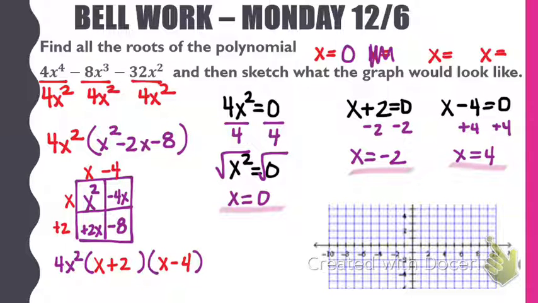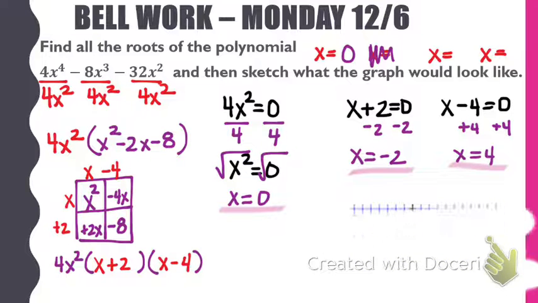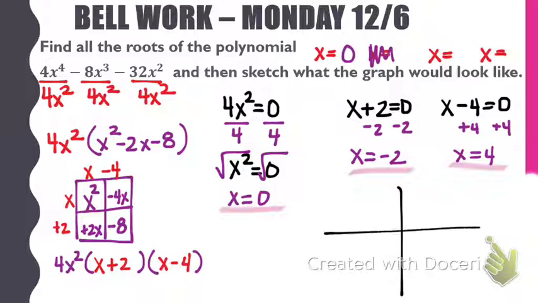Okay, I always like to make my own graph, so I'm going to make my own. So let's make our x and y plane and plot our points. Put a point at positive 4. Put a point at negative 2. And put a point at 0.